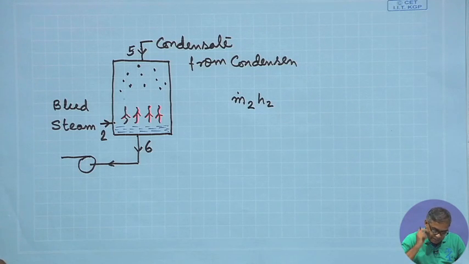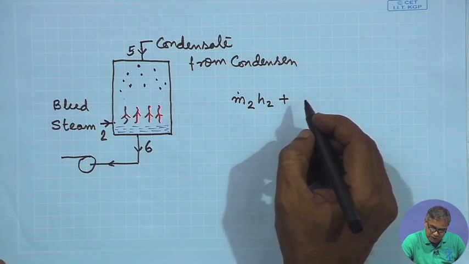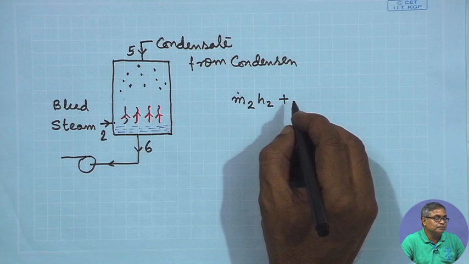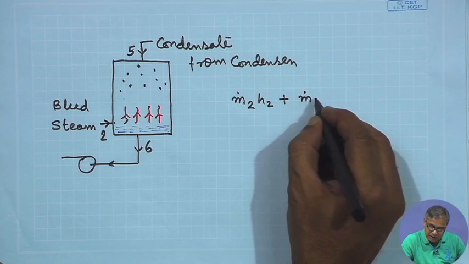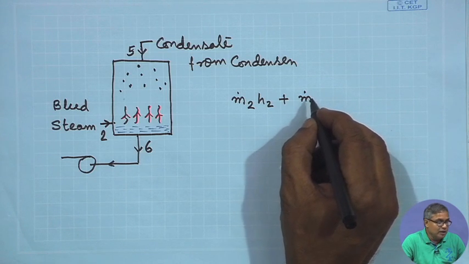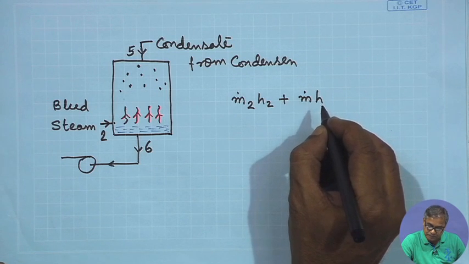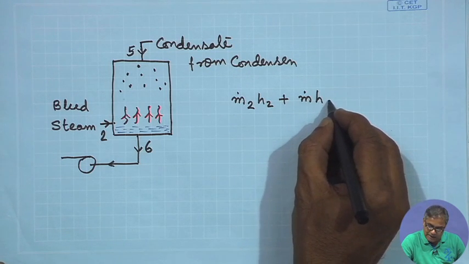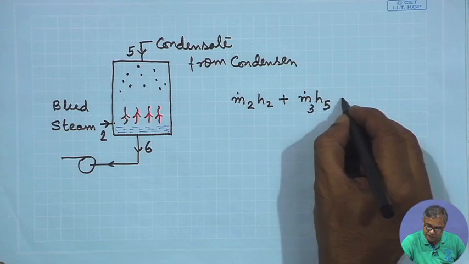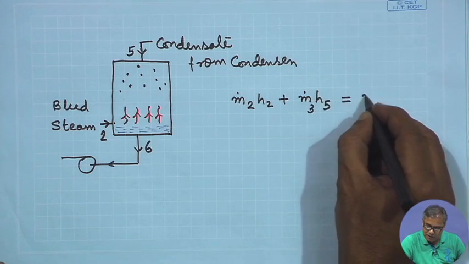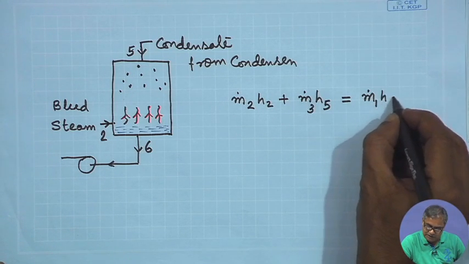So, that is entering, and the mass of the condensate which will come, that will be m dot 3, and it will have an enthalpy of H 5, m dot 3 and H 5, and then it will give us m dot 1 and H 6.